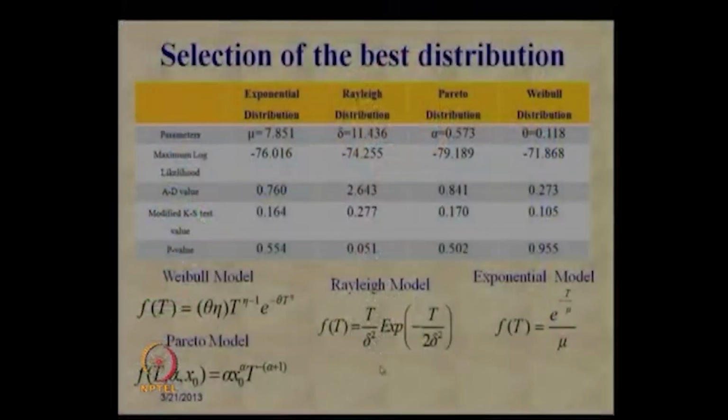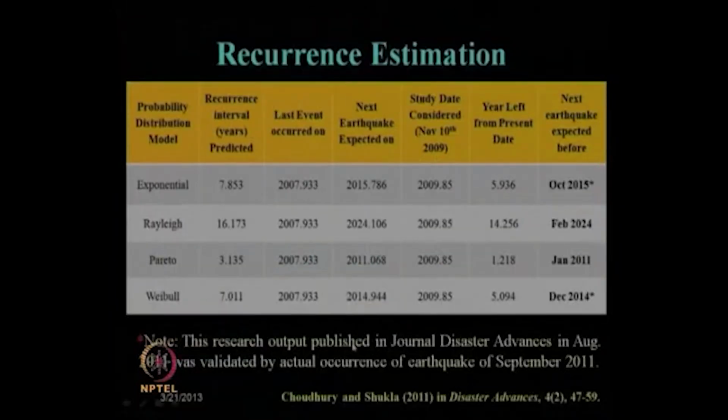Okay? So, that is how we are going to use these seismicity model parameters, and we have seen which distribution is best for the current data set, which we also mentioned. So, this is the recurrence estimation, how we are doing the estimation.